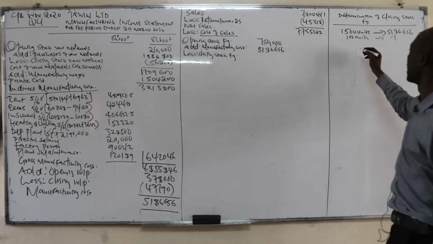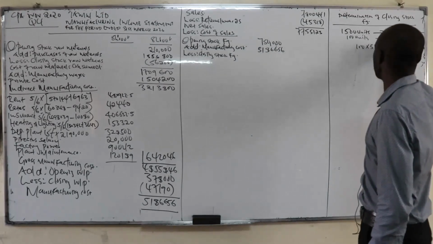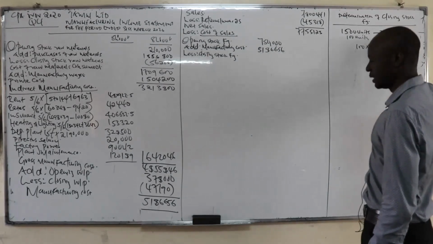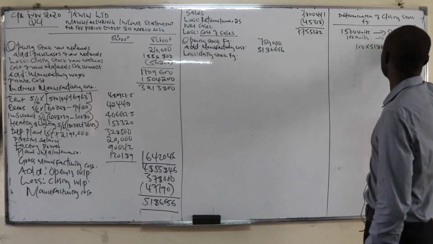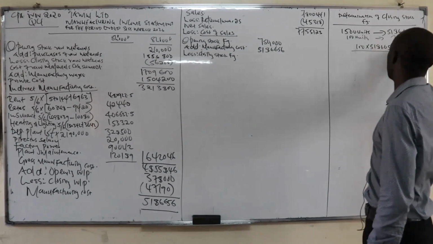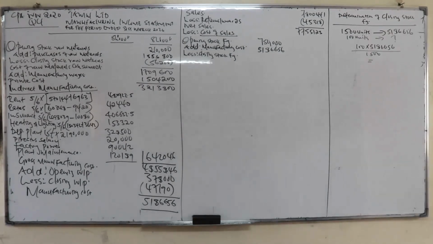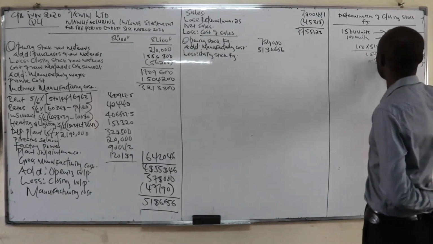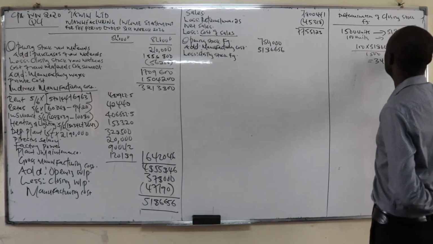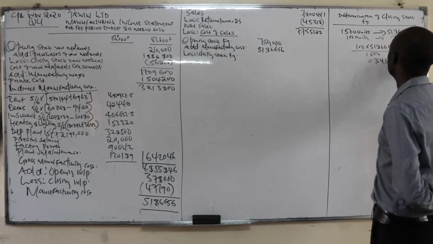So we cross multiply. So 100 times 51,866,56 over 1,500. So what do you get? 345, 777.